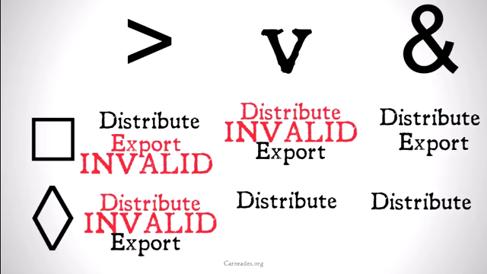What about distributing necessity across disjunction? Well, let's think about it. That would be, it's necessary that P or Q implies that it's necessary that P or it's necessary that Q. So it's necessary that P or Q means that in all possible worlds, either P is true or Q is true. So you could have half the possible worlds where P is true, and in all those worlds, Q is false.